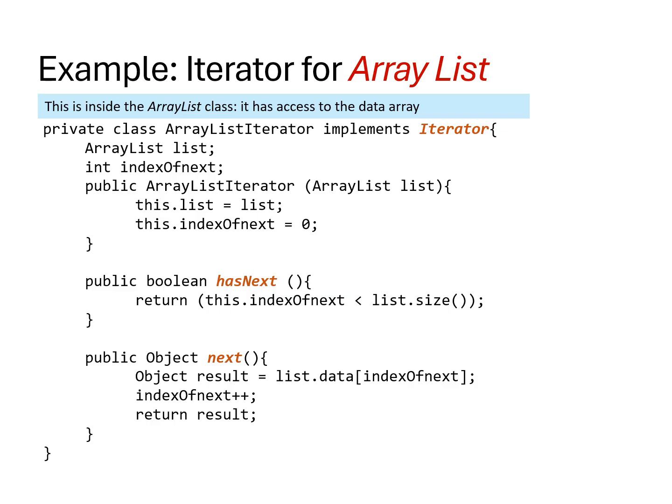Here is a simple implementation of the iterator for an array list. Note that this iterator class is inside the array list class. It has access to the data structure, to the array, which is inside the array list class.